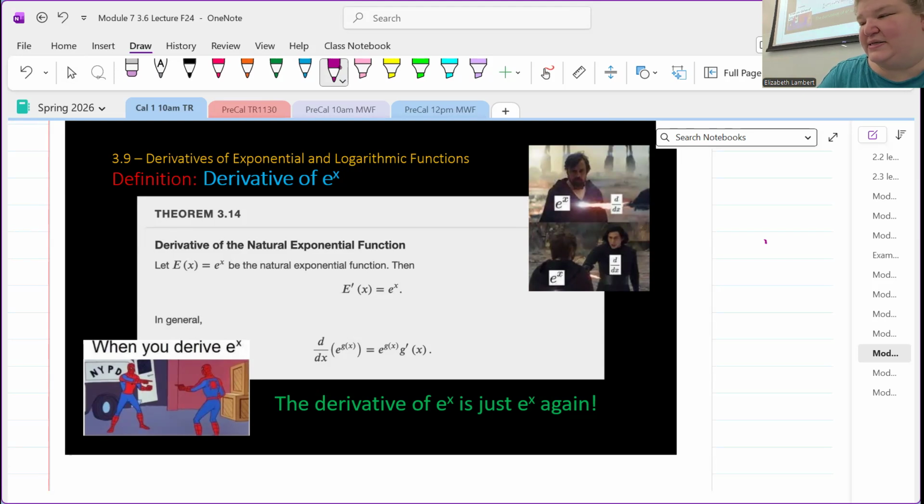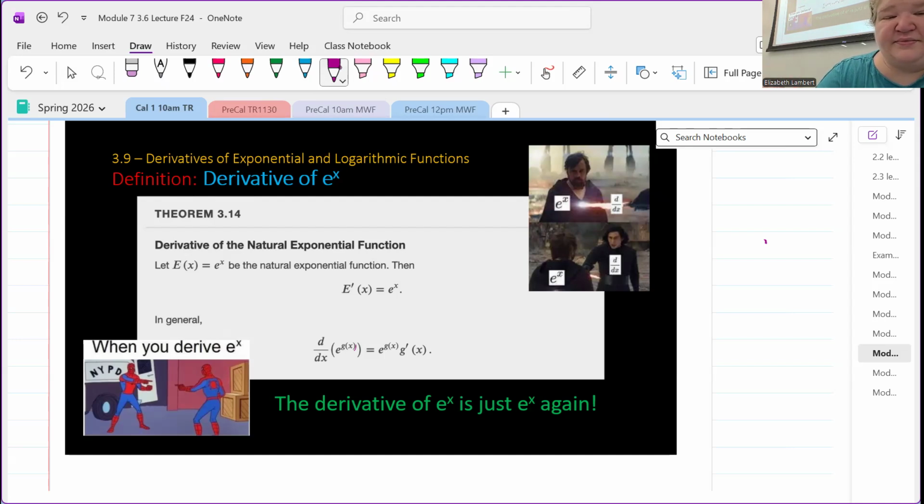So it is a weird function whose derivative is itself. So the slope of the tangent line at a point is the function's value at that point. But this means whenever I'm doing a chain rule with e to the x, the derivative of e to the ugly is e to the ugly times the derivative of ugly.